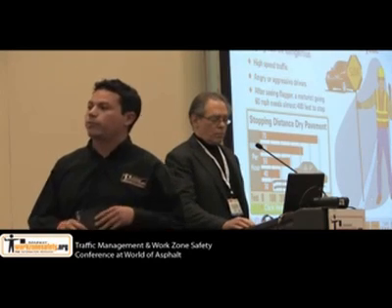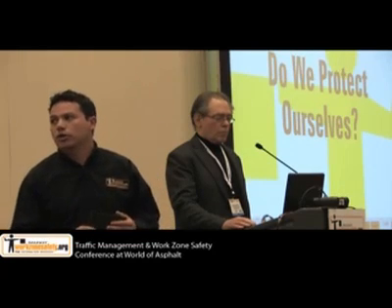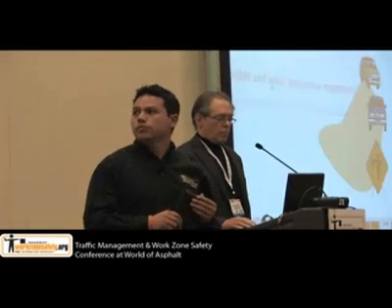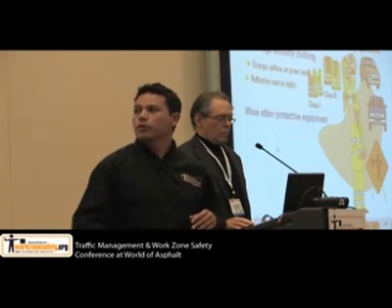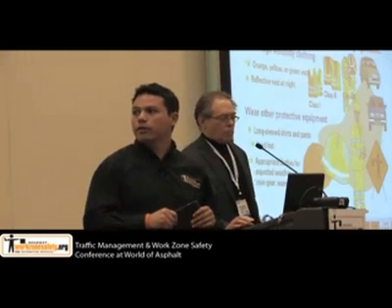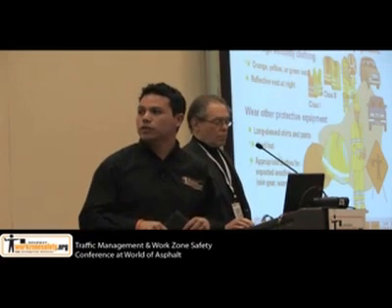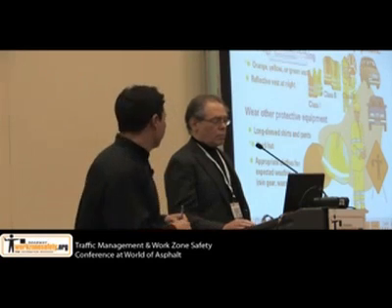So next will be, how do we protect ourselves? Be visible and wear protective equipment. We got a really good class from Emmett about the safety vests, class 1, class 2, class 3, hard hat. Oh, and here's the OSHA.